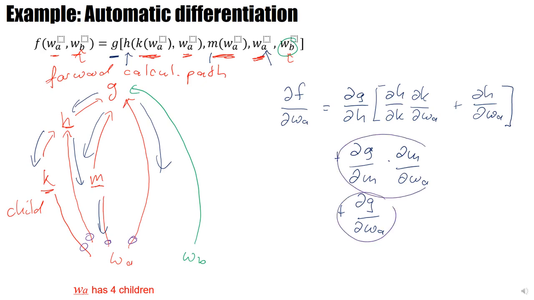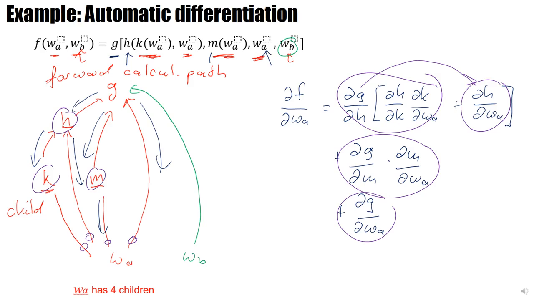Note also that none of the other terms, like H or K or M, have more than one child, so no additional summations are added.